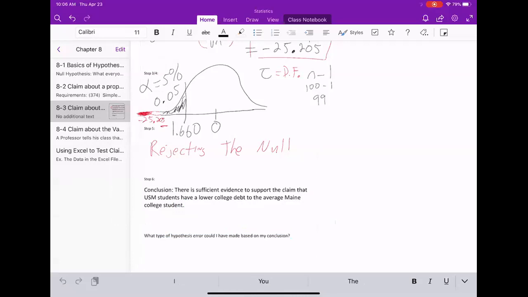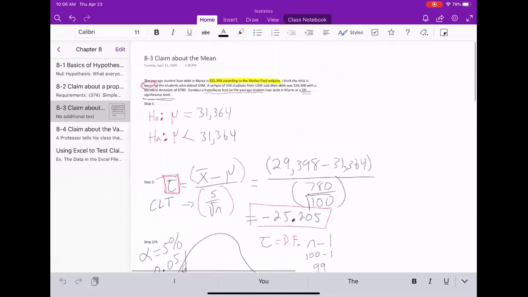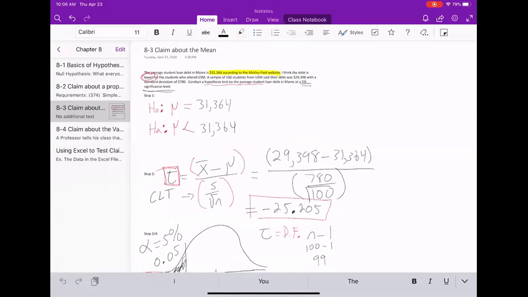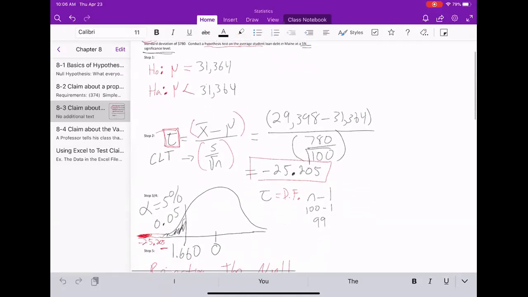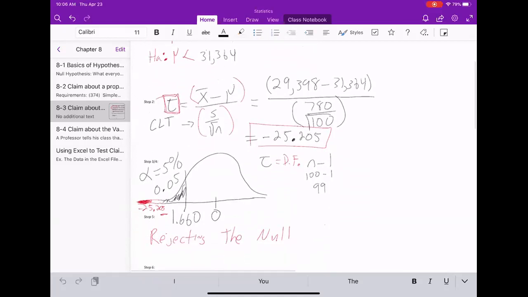All right, so any questions on how we went through the 6 steps? Just to reiterate, step 1, you determine your null and alternative based on the information from the problem. Step 2, calculate your test statistic from the pullout based on your population parameter. Step 3, draw a picture. Find your level of significance, color the proper tail or tails, depending on what type of problem it is, and then go to your chart and find your critical value.